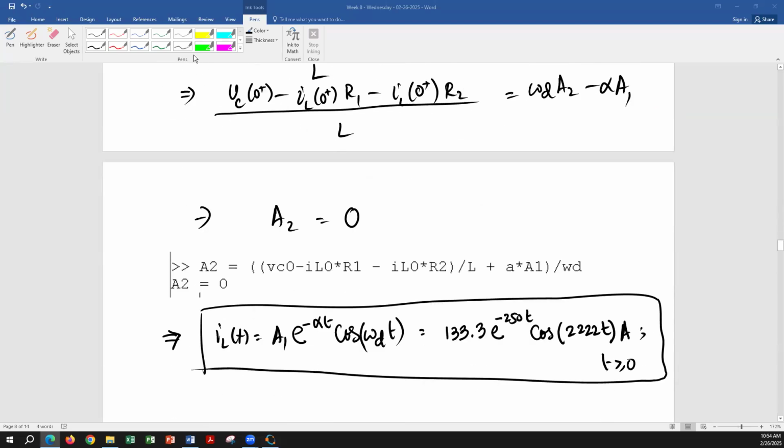That should be milliampere instead of ampere. Put it down in milliampere.